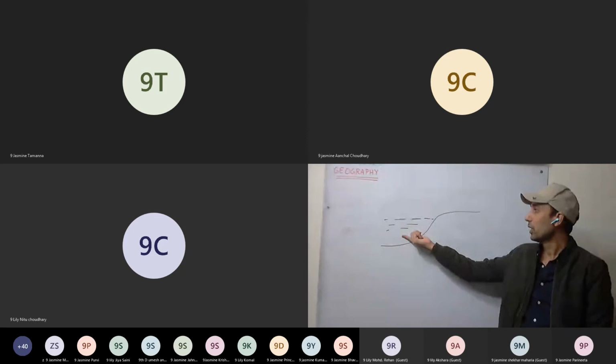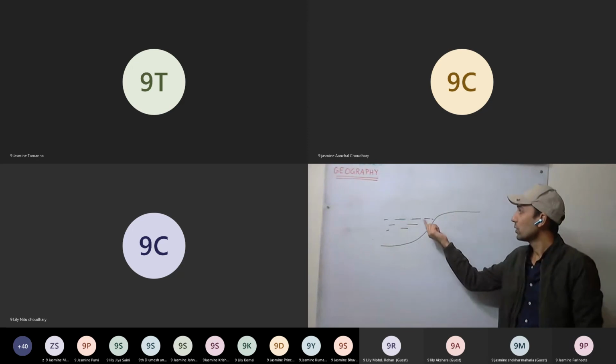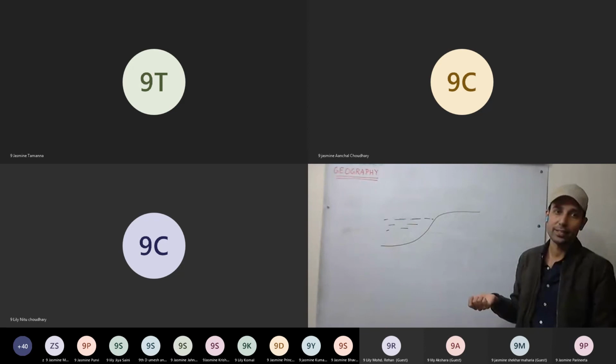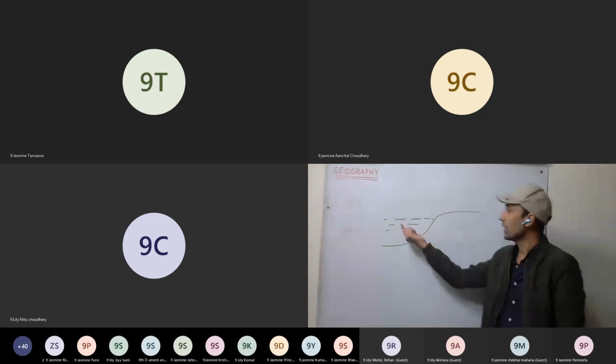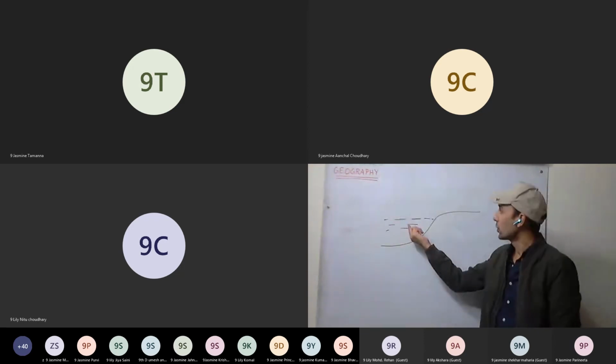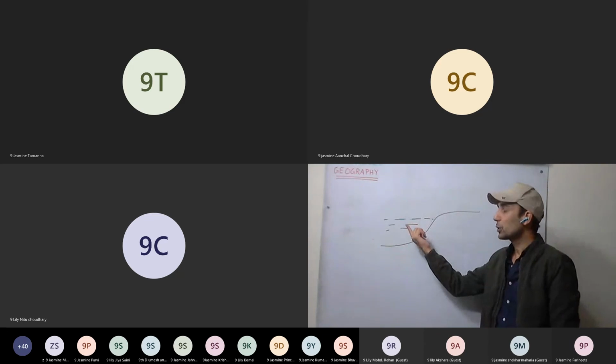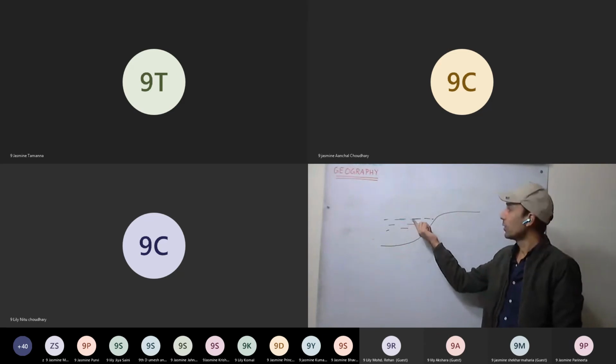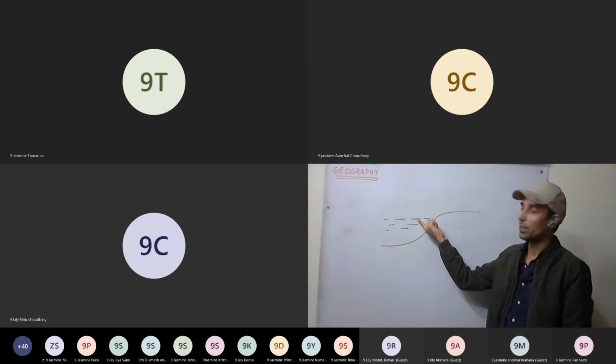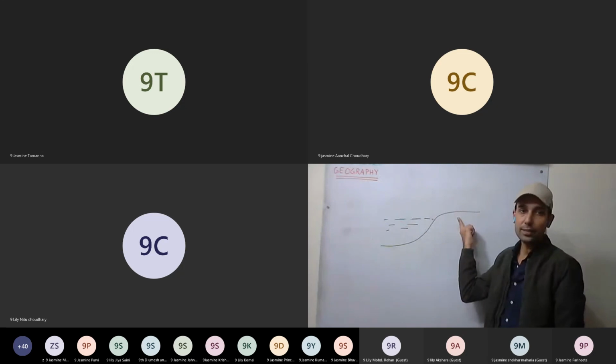Have you got this? So heat capacity of which one is more? Sea. Because it needs more heat to rise by the same temperature as the land. The sea requires more energy to rise by the same temperature as compared to the land.